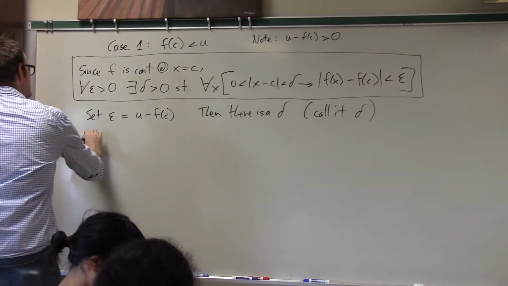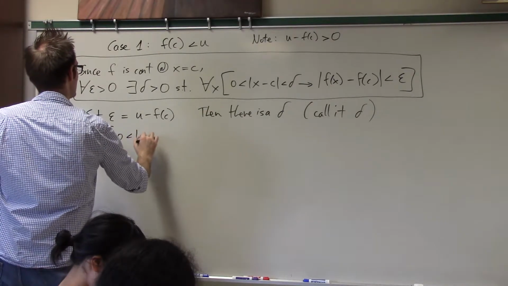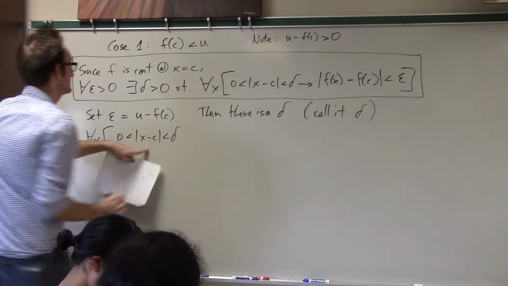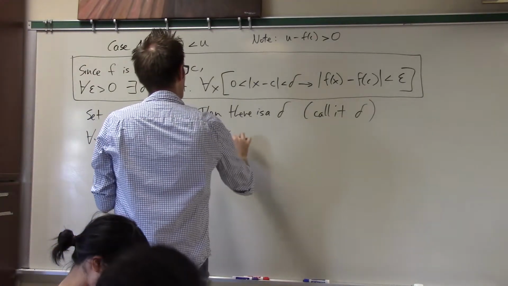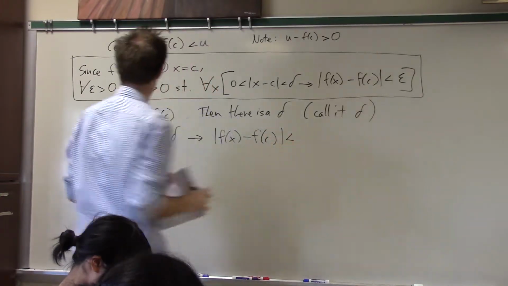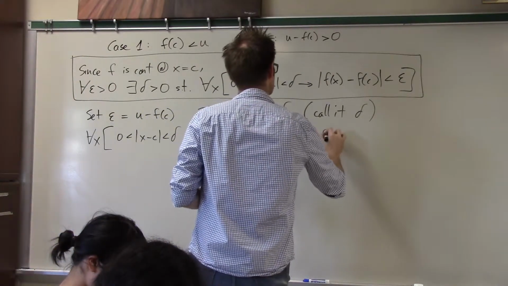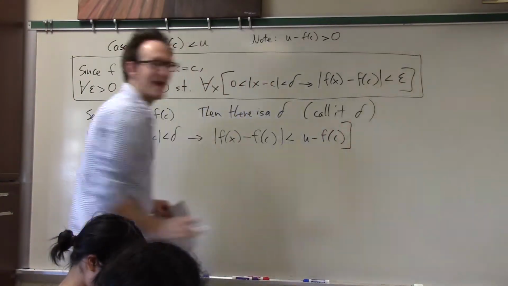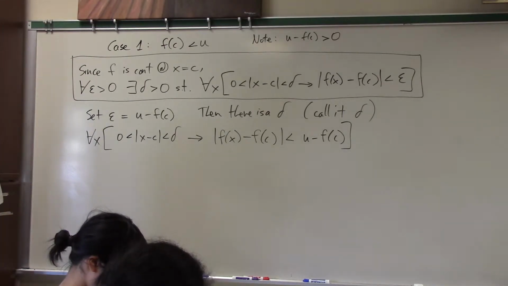Well, what's true about this delta is that for all x, if I am pretty close to c, then the gap between the function and f of c is less than epsilon, but epsilon is u minus f of c. Okay. All right, and now all I need to do is pick a number which is very, very close to c within that interval.